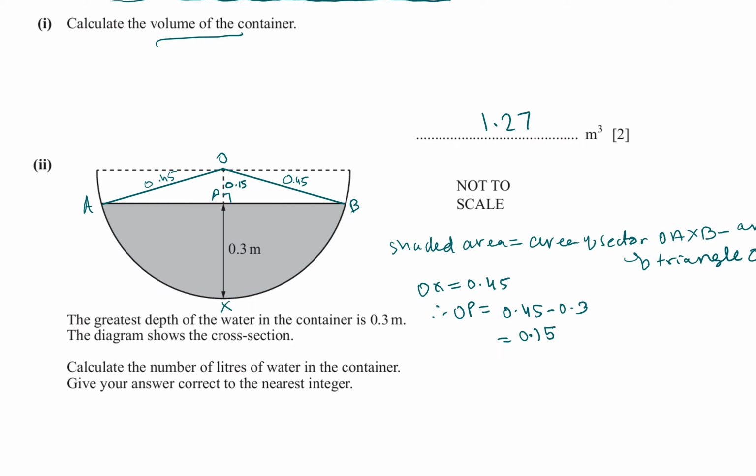So that would be using Pythagoras theorem. PB is equal to AP, which is the square root of 0.45 square minus 0.15 square.